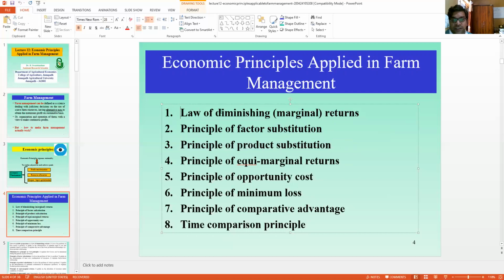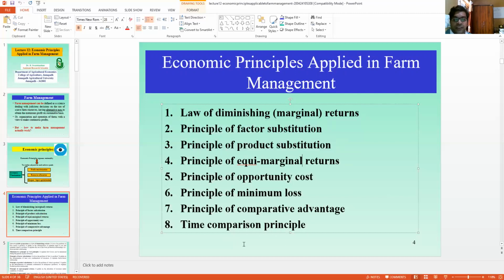And the first law is determined by factor-product relationship. So we have all the three relationships between input and output, right? The factor-product relationship is governed by the law of diminishing marginal returns. The factor-factor relationship is governed by the principle of factor substitution. The product-product relationship is governed by the principle of product substitution. All these things we have already seen.